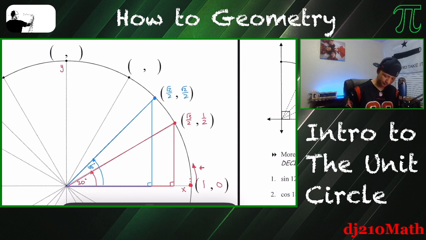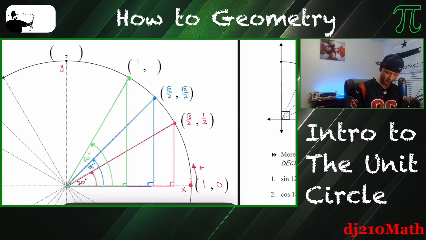Moving right along, the next line we encounter is 60 degrees, and this is going to be 1/2, root 3 over 2.